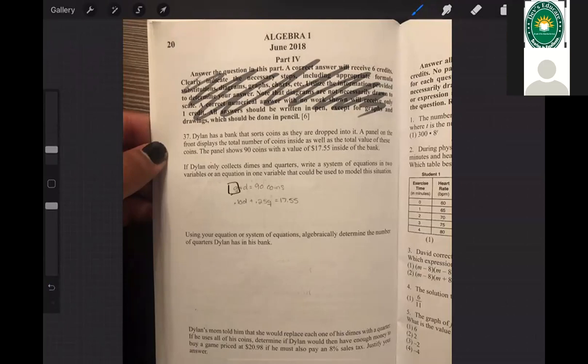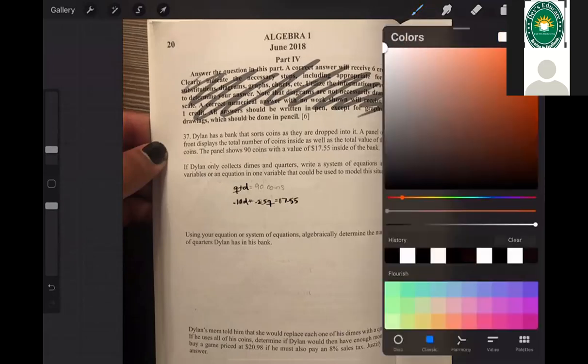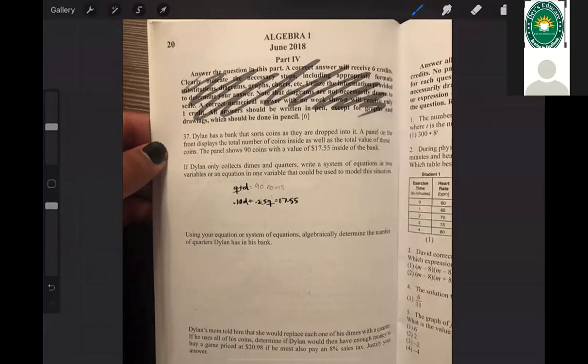We chose g plus d is 90 coins, and 10d plus 25q equals $17.55. Yeah, those are the correct simultaneous equations.